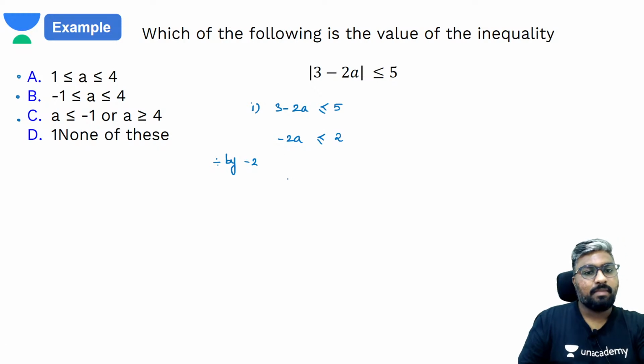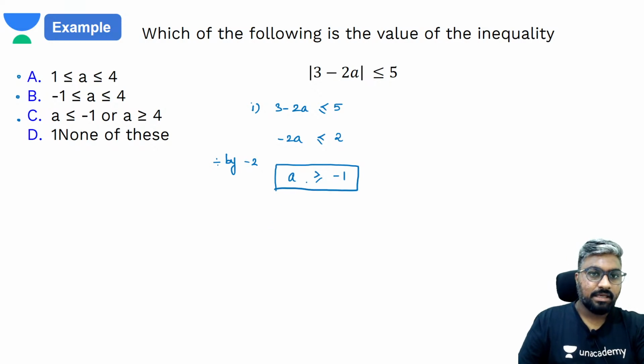So minus 2a by minus 2 will be a greater than or equal to 2 by minus 2, which is minus 1. Understood everyone? So a's value has to be greater than or equal to minus 1.